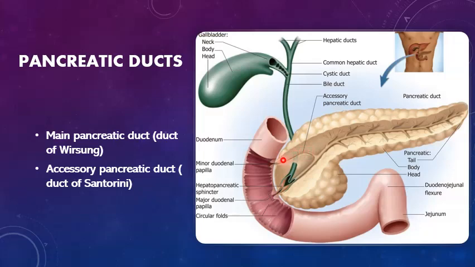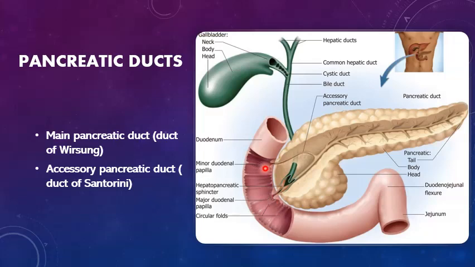From there it opens into the duodenum again, and the opening of this accessory pancreatic duct is called the minor duodenal papilla, which is situated about 2 centimeters above and slightly ventral to the major papilla. This is the major papilla, and this is the minor.